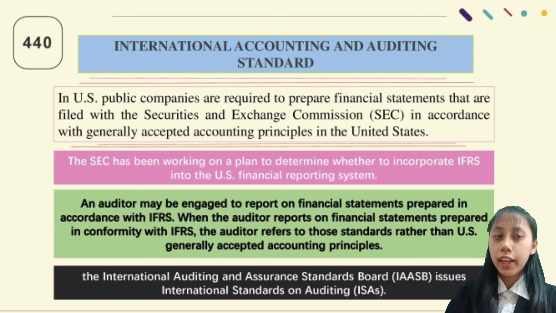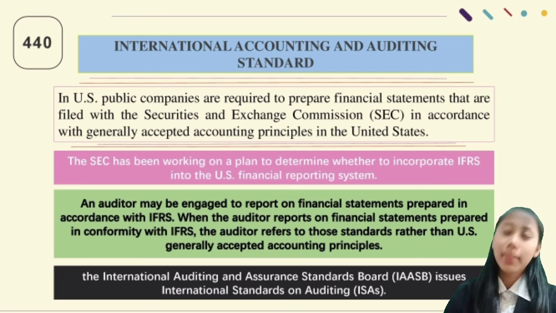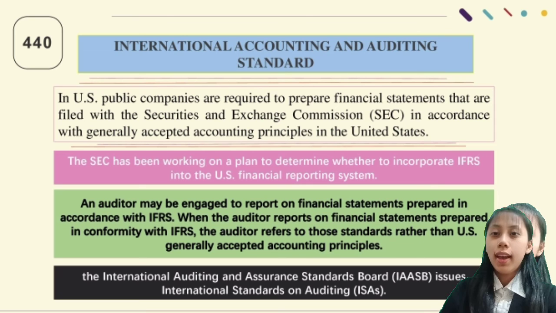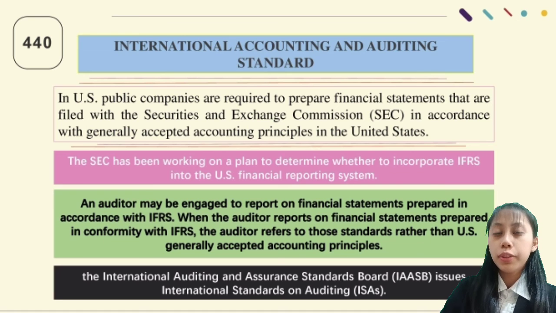Here I will explain the International Accounting and Auditing Standards. Currently in the US, public companies are required to make financial statements filed with the SEC in accordance with generally accepted accounting principles in the US. The SEC itself has been working on a plan to determine whether to incorporate IFRS into the US financial reporting system.